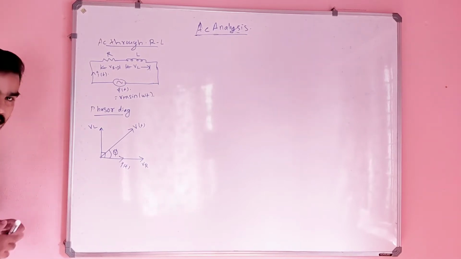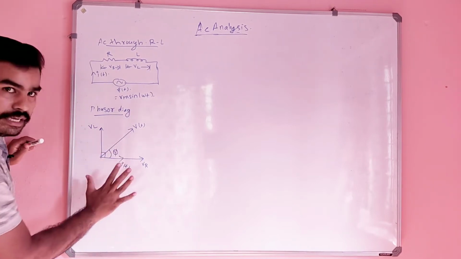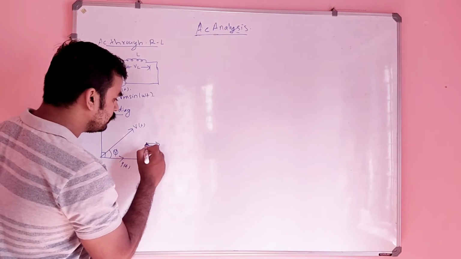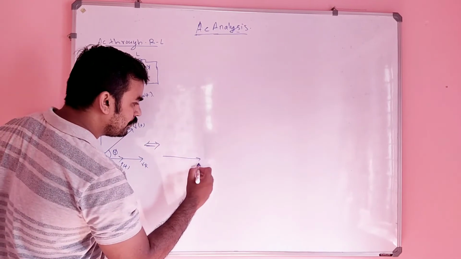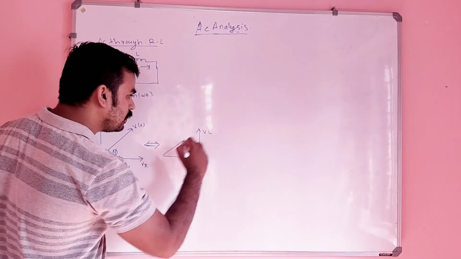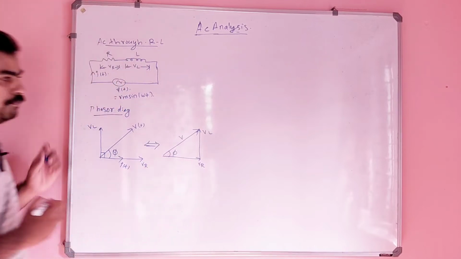So the same figure can be made equivalent to VR, VL and V. Is it correct?